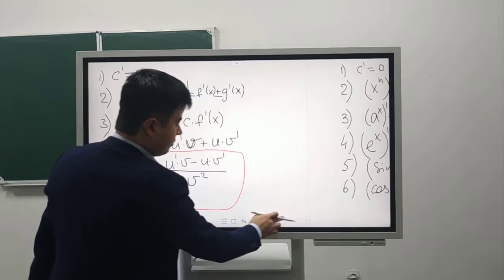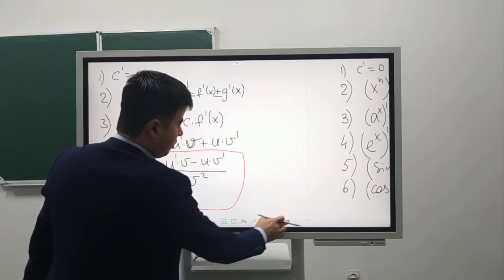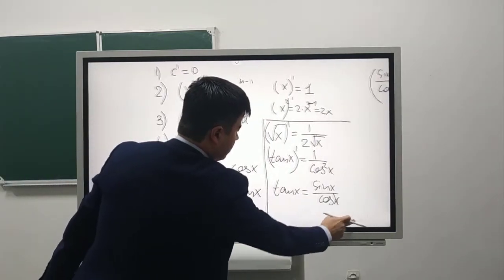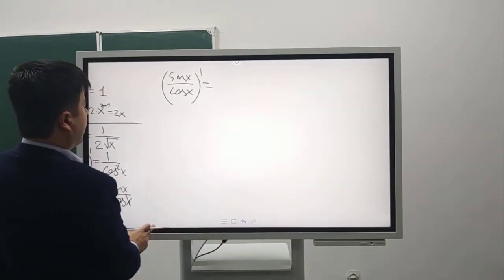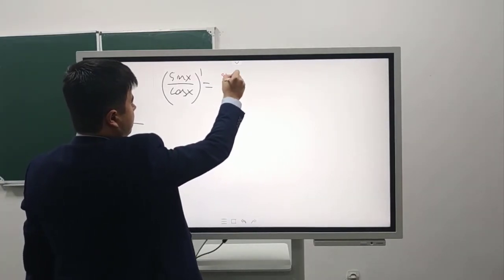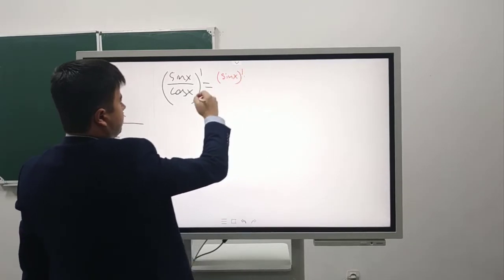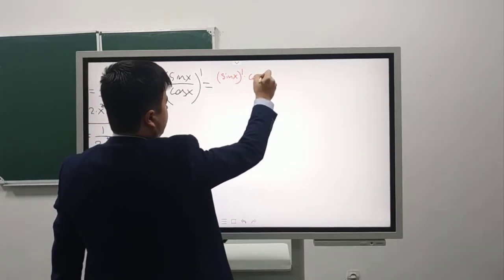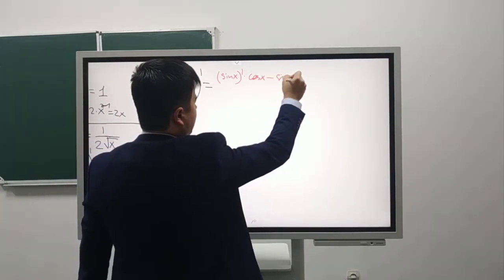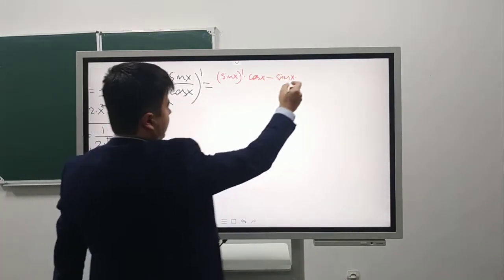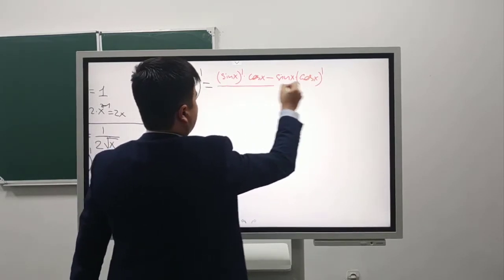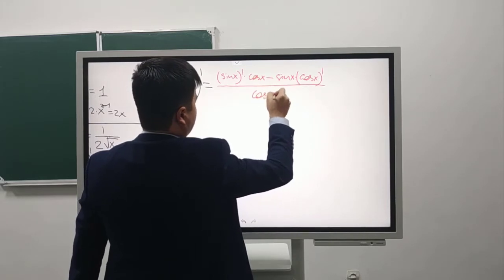And then we will get the following one. So here now the derivative of sine x times cosine x, the second function, and then minus first function and times derivative of the second function, denominator, over cosine x, denominator squared.